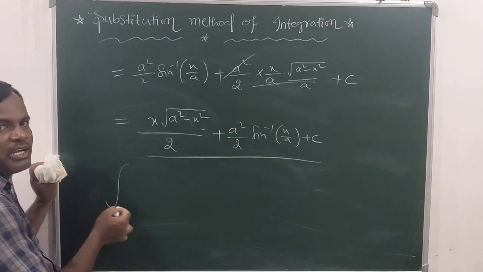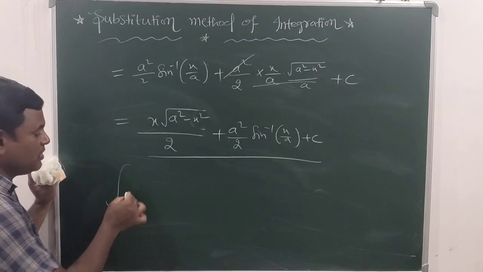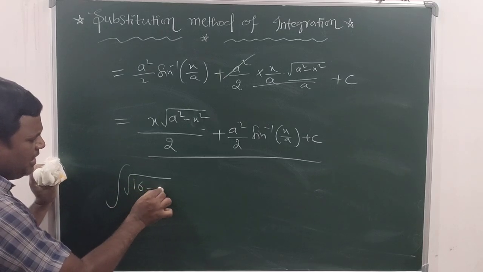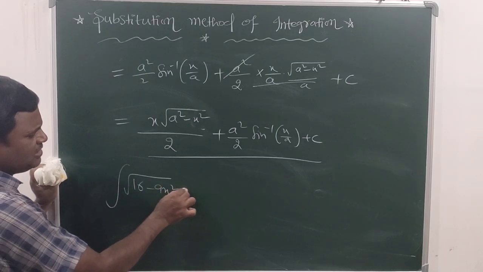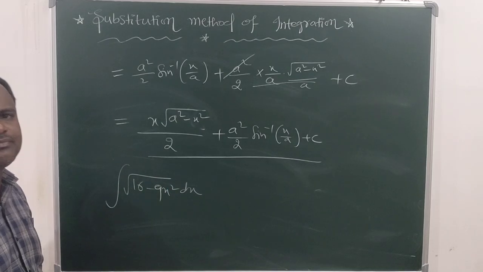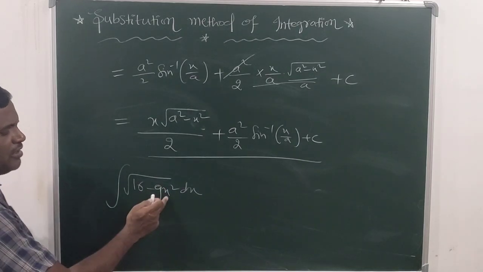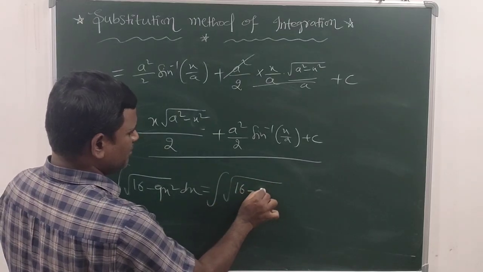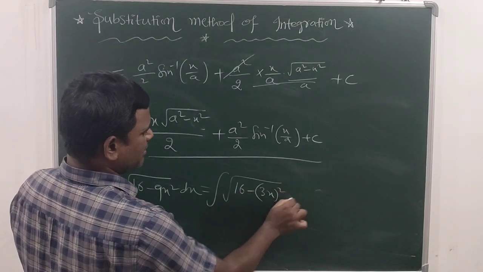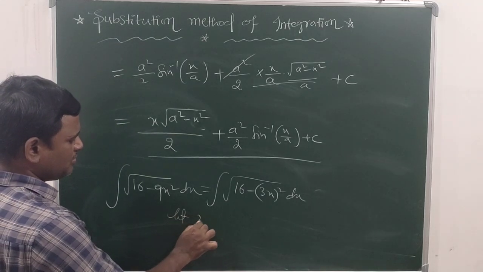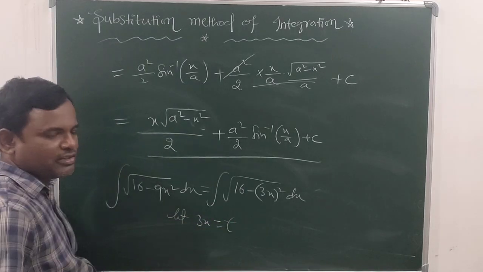See, they may give you the problem like this. Integral of square root of 16 minus 9x square dx. How do you evaluate this? See, this has to be written as integral of square root of 4 square minus 3x whole square dx. In the next step, 3x equal to t you have to take.